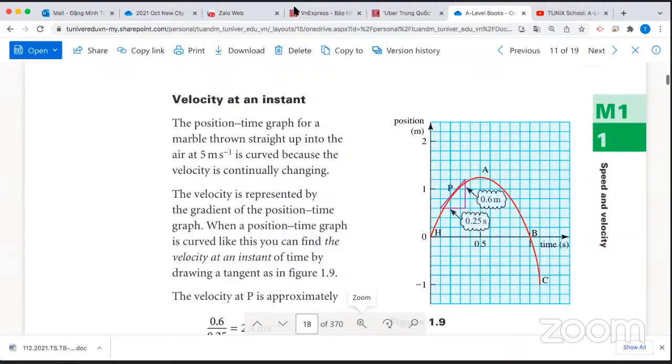How do you find the... Okay, got it. Okay, I got it.